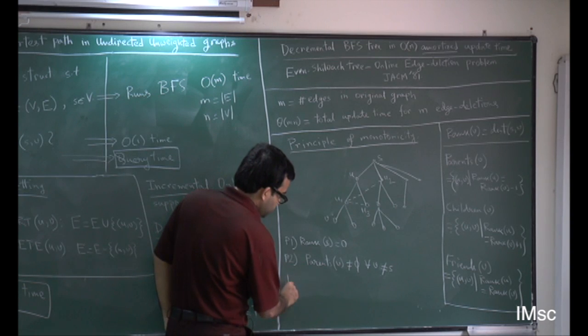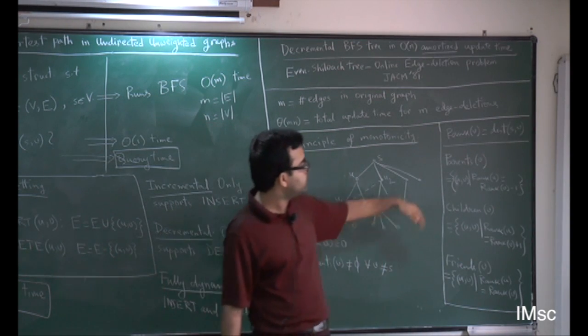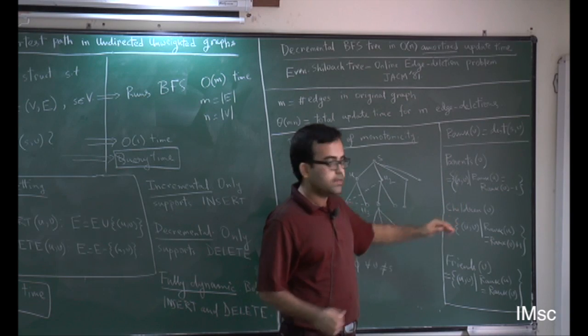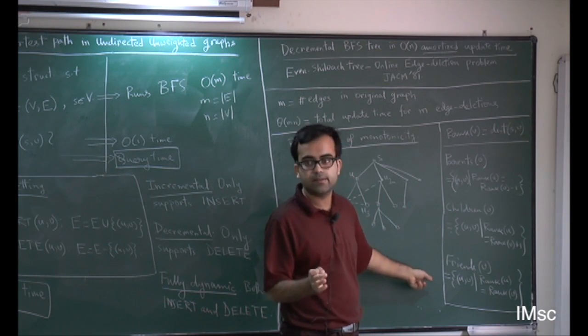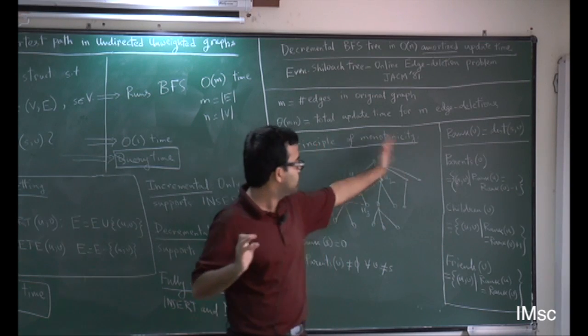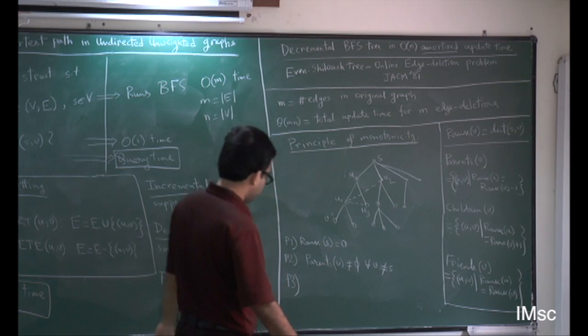And there is one other property, which is that if you look at each node V, its entire adjacency list is partitioned into these 3 lists. There cannot be any edge adjacent to V that is not part of these 3. Okay.